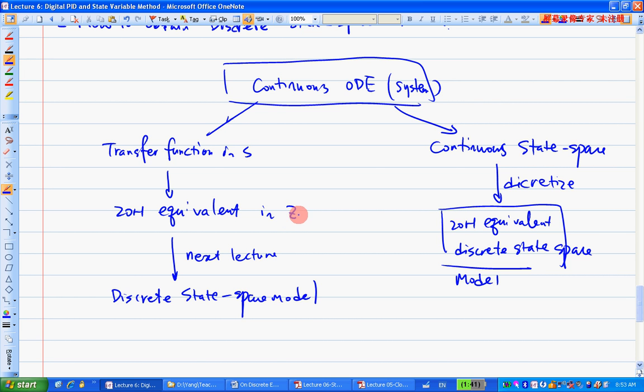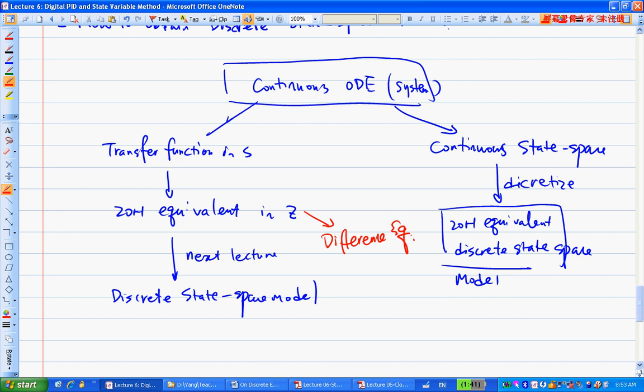In this first branch right here, there might sometimes be a little bit of a detour. When you get your Z transfer function, some people convert it into a difference equation. That's actually pretty easy.